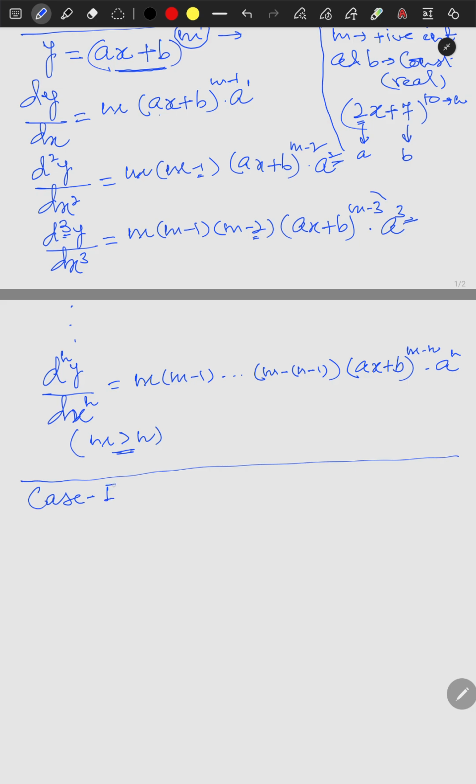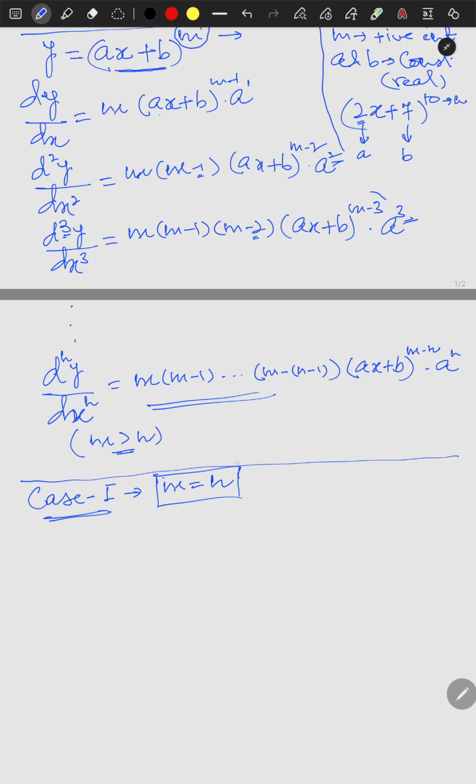So case 1 is if your m is equal to n, meaning the power and the order of the derivative are the same. As you can see, this formula helps us to determine the nth order derivative, and n is equal to m. So you can see that here we are having m minus n plus 1.